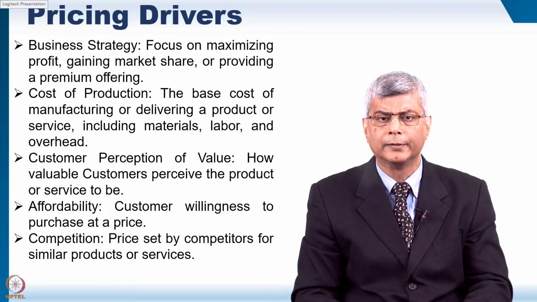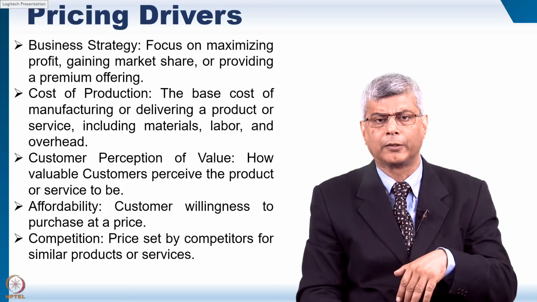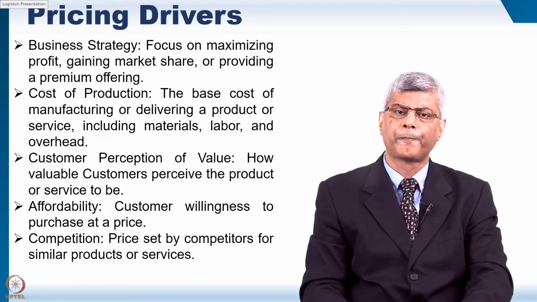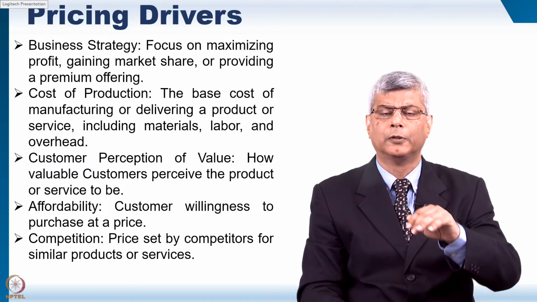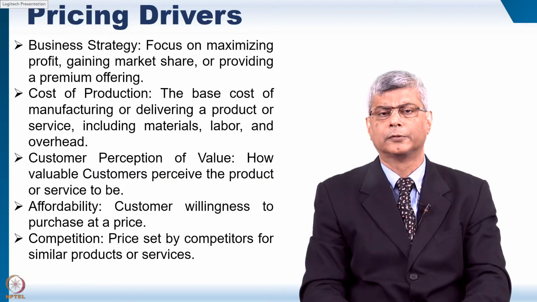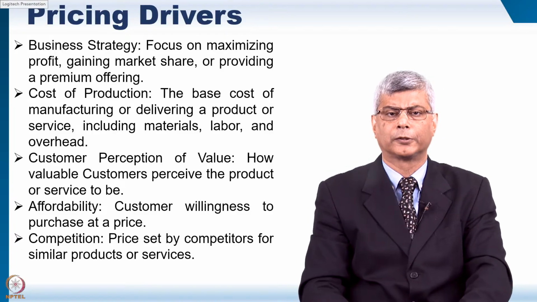On the other hand, you may have cheaper cars, cheaper apparel, cheaper accessories. And the business strategy of these companies would be to serve the masses, which may not be able to afford the premium products.